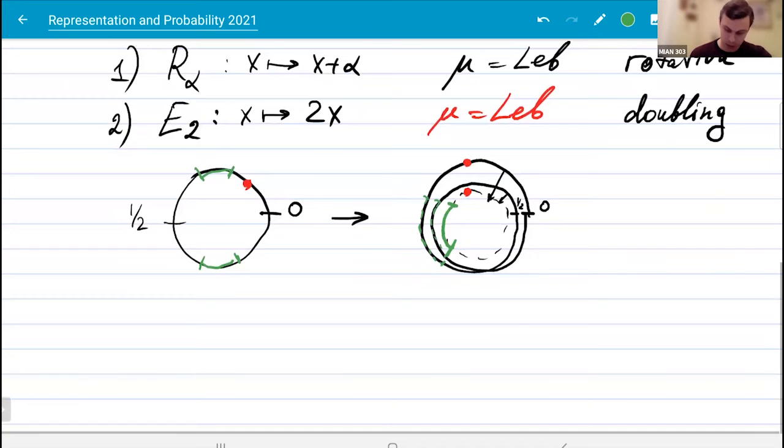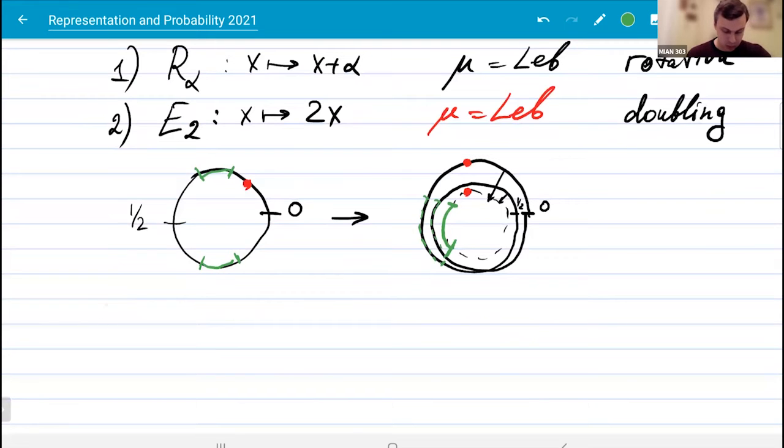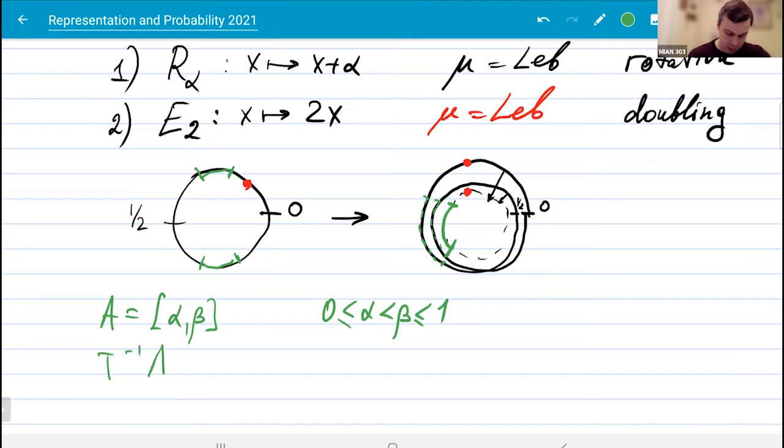So let me write it down. If A is, say, the segment from alpha to beta, then T minus 1 of A is the union of 2 segments, this one and this one.